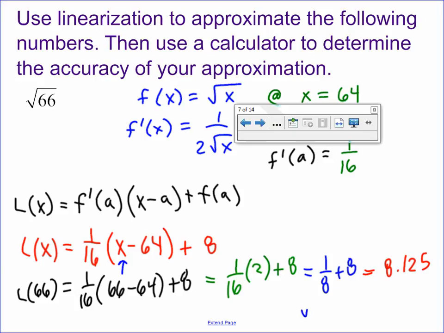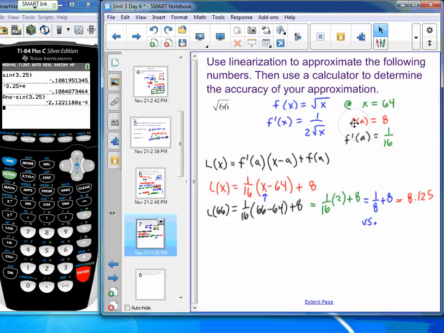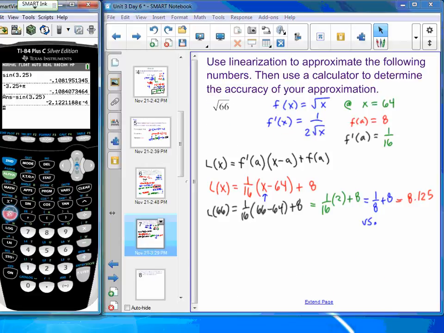versus, see how we did. Pretty good. I think it's pretty good. Well, I'm going to use a different color though. Versus 8.1240388. All right, so let's go ahead and compare. I'm going to subtract off my 8.125.